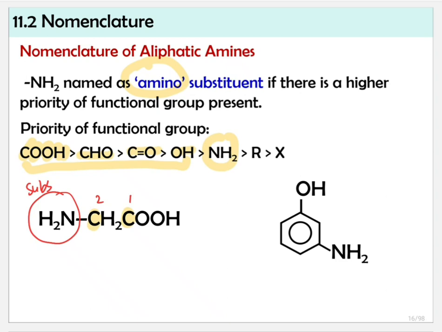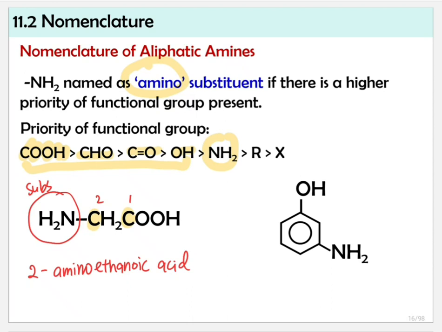Jadi ini kalau ikutkan penamaan dia mengikut rules carboxylic acid lah, sebab COOH dah jadi parent. So for this compound, the full name would be 2-amino, sebab carbon number 2 ada NH2. So bila dia jadi substituent, nama dia adalah amino. So 2-aminoethanoic acid. Okay, sebab 2 carbon kan? Jadi ethanoic acid.